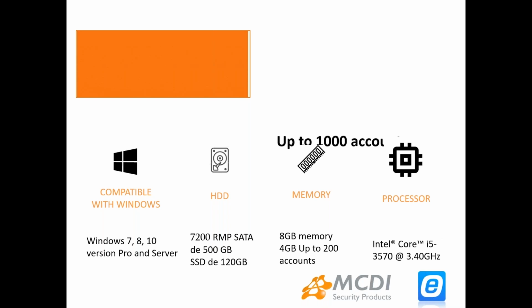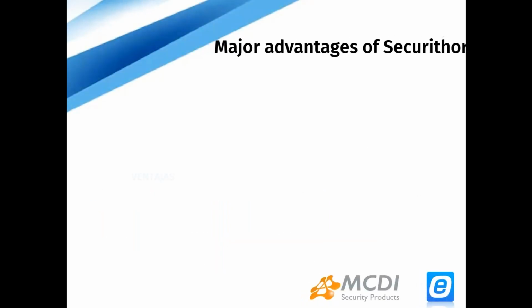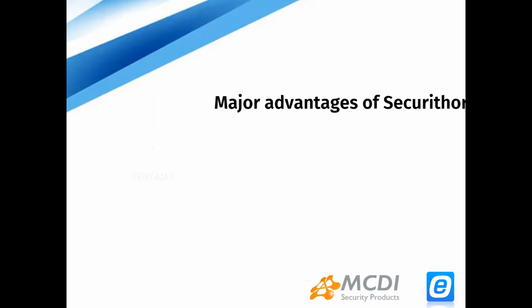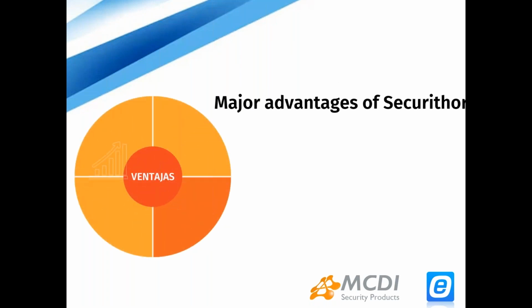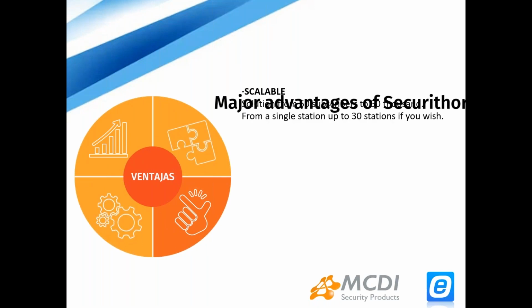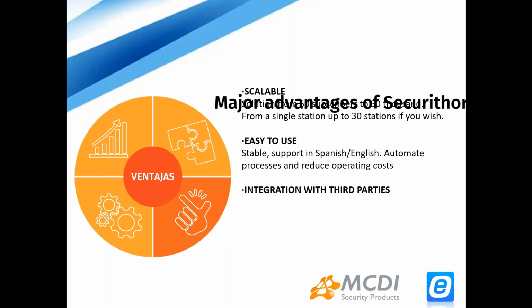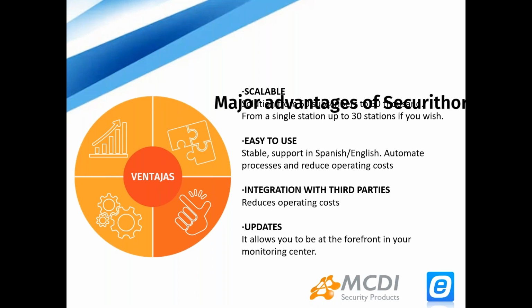It doesn't have to be very, very fast. So I don't know if you got the idea of what Securitor does, or why you need Securitor in a central station.